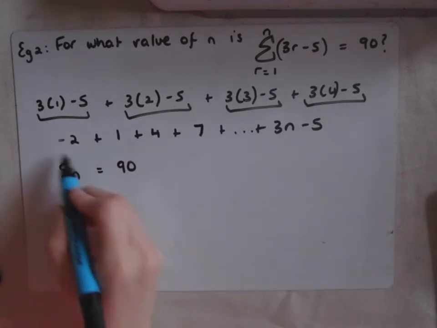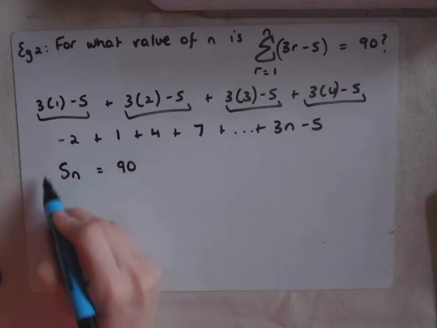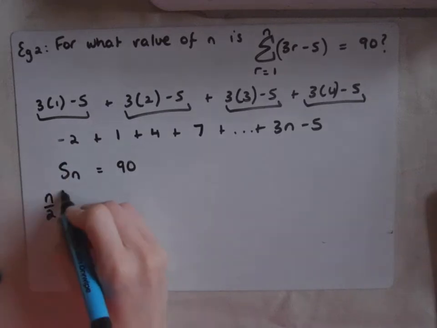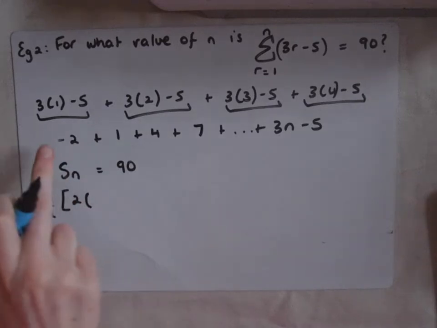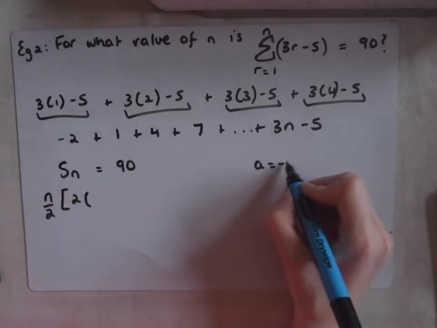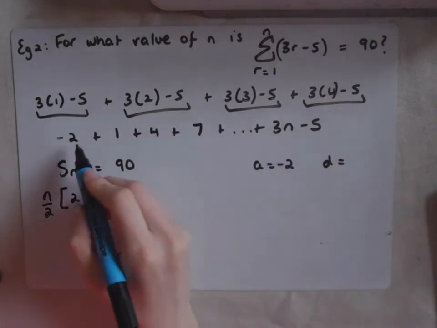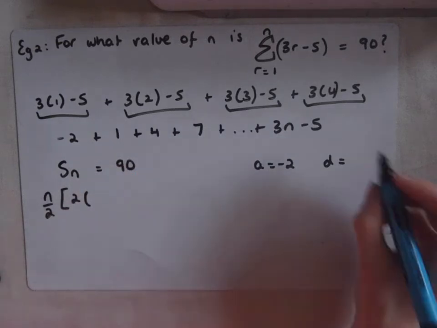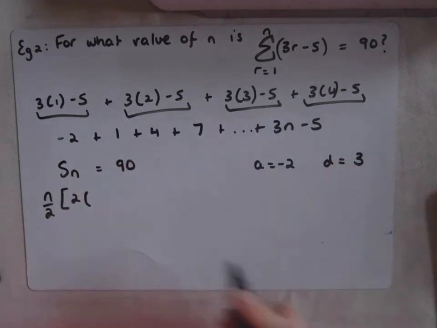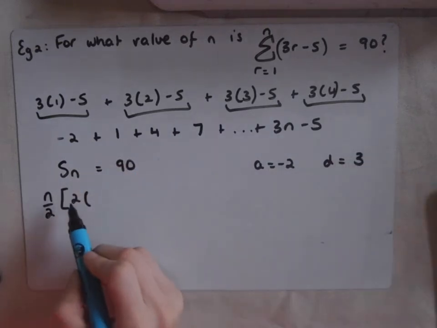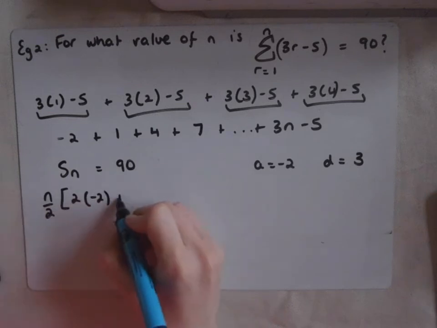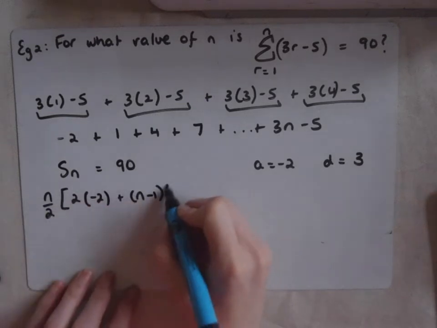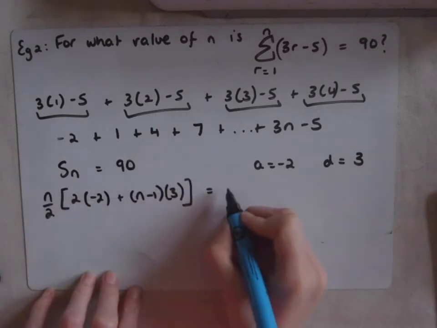So that would mean using this formula, if you remember, n over 2, 2a, this is my a, and my difference is, what do I have to add on each time or take away each time? So my difference is 3. Throw it into your sum formula, n over 2, 2a plus n minus 1 times d equals 90.